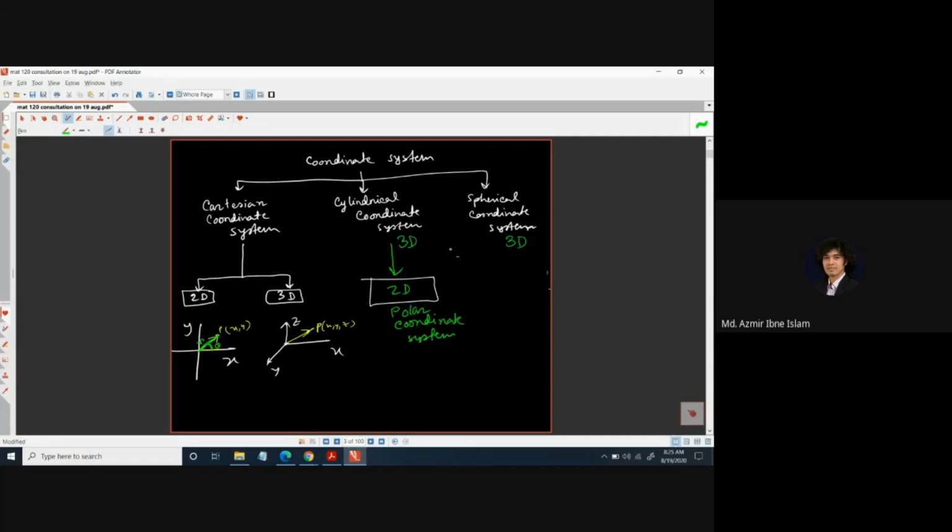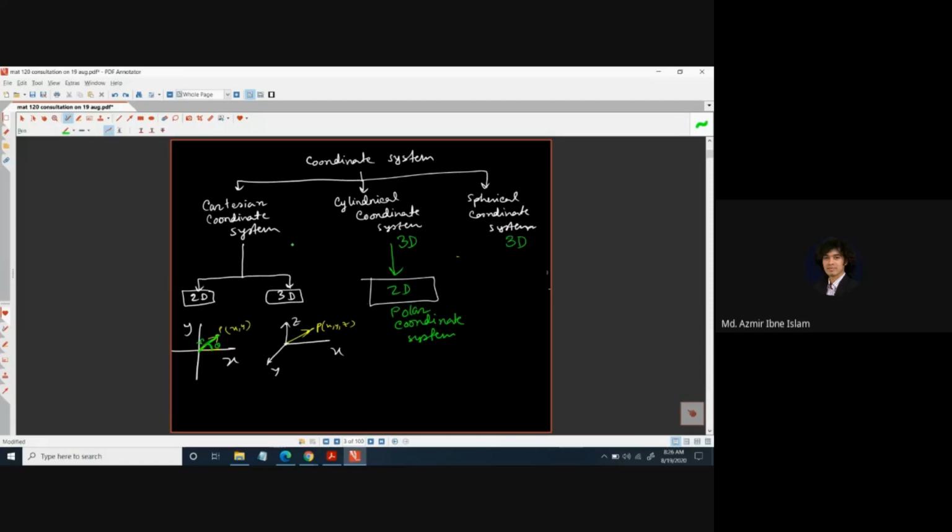So why do we need cylindrical and spherical coordinate system? Actually, our target is to evaluate double integral or triple integral. So suppose we have a function that is in Cartesian coordinate system, that is in three-dimensional form. So sometimes it will be quite difficult to solve that type of integral.